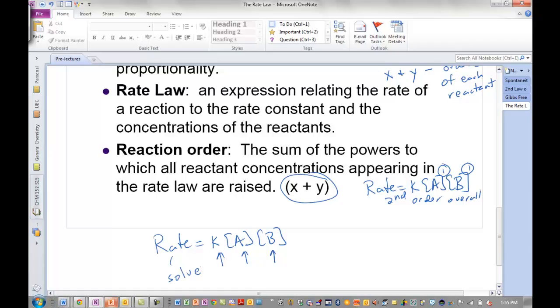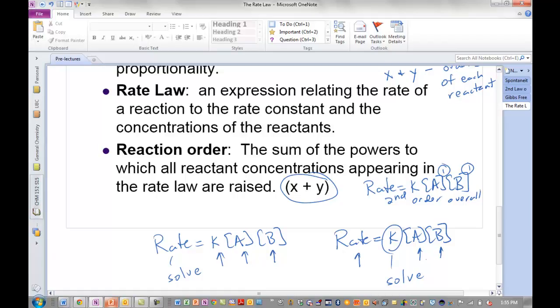Okay? Another one might be turned around, that you'll have the initial rate, you'll have the two concentrations, and you'll solve for the rate constant. Okay? So this is just trying to introduce us to what a rate law looks like.